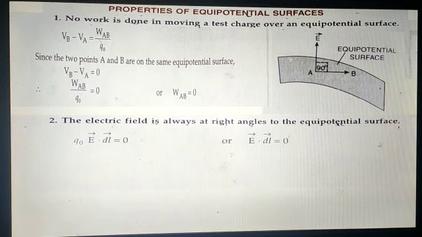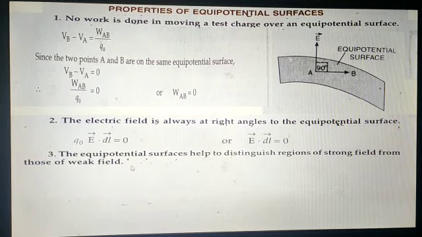Theta is the angle between the electric field and the length along the surface. That means the surface and the electric field make an angle of 90 degrees. So you need to understand that the electric field always cuts the equipotential surface at an angle of 90 degrees. I hope this point is also clear.